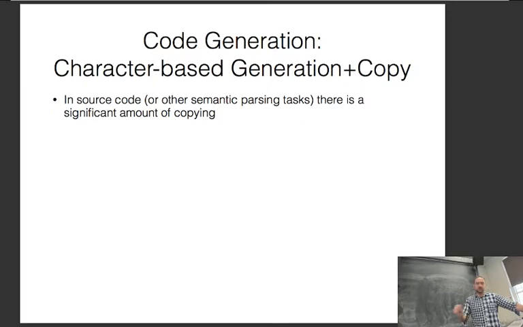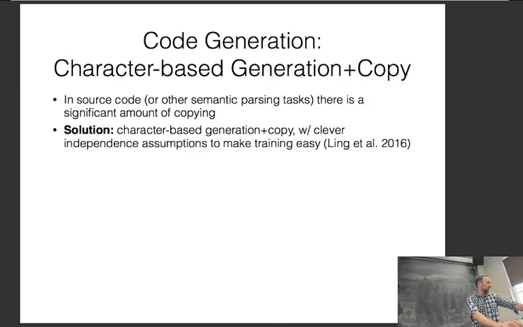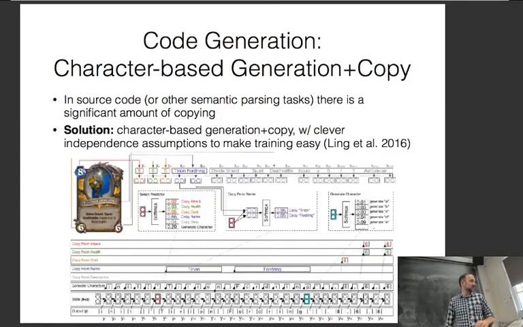So for example, in code, you might say a variable name and you want it to be copied as is into code, etc. So this is a rather clever model that combines together character-based generation and copying of things. It's a rather clever model with a rather complicated figure. That's very good if you take a long time to look at it.